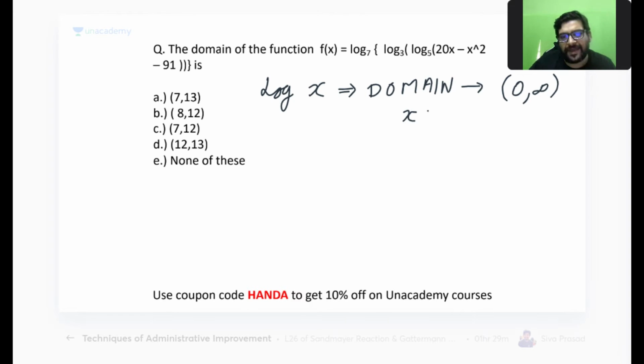That's one way, or you can say that x is greater than 0. X is greater than 0, which would mean whatever is inside the log, that should be greater than 0.